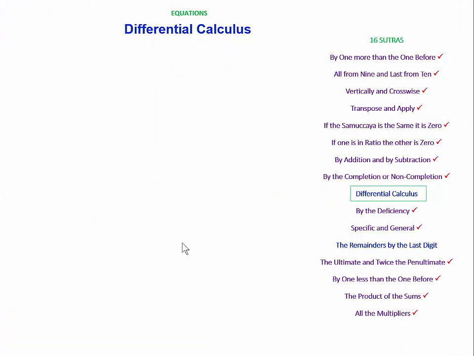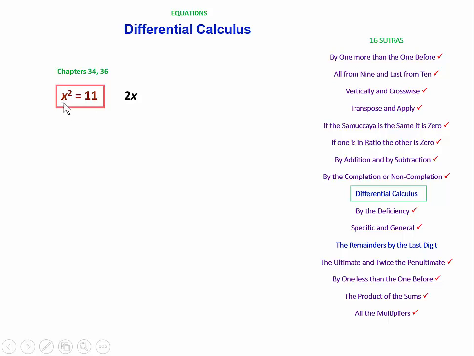Differential calculus. Here Dirk uses this, although he doesn't make it explicit. If you're solving the equation x squared equals 11, you use a certain divisor. And that divisor is found by actually differentiating the x squared to get 2x and replacing x with the first digit of the answer.